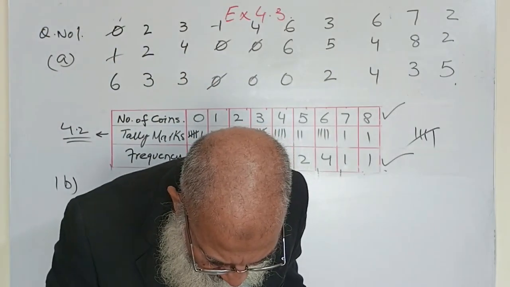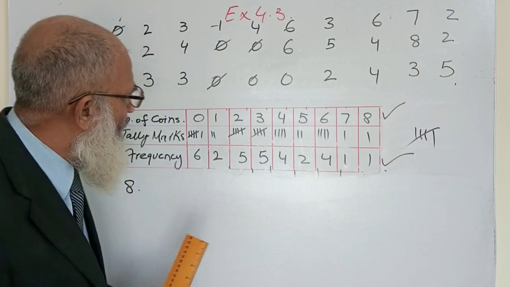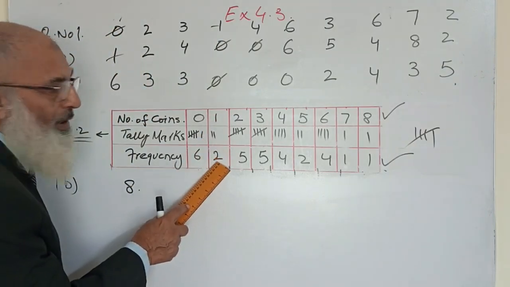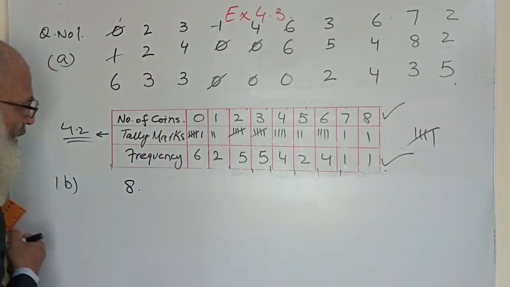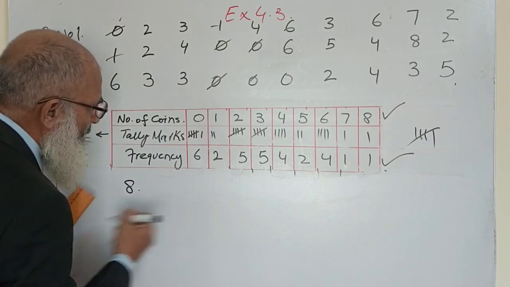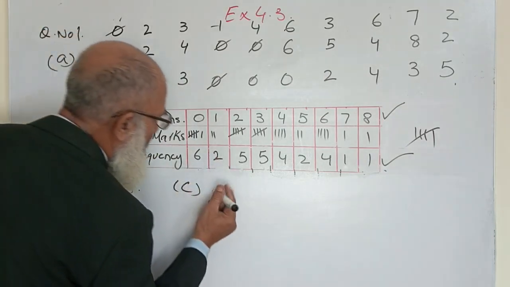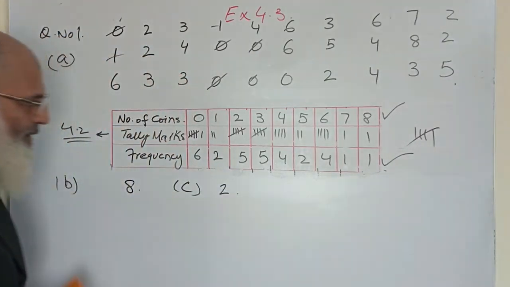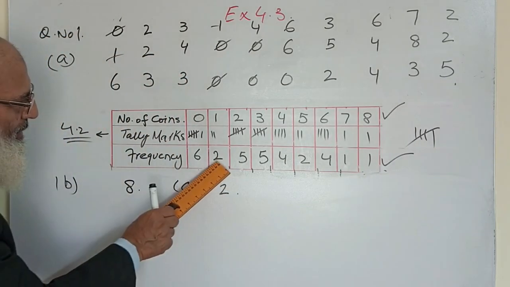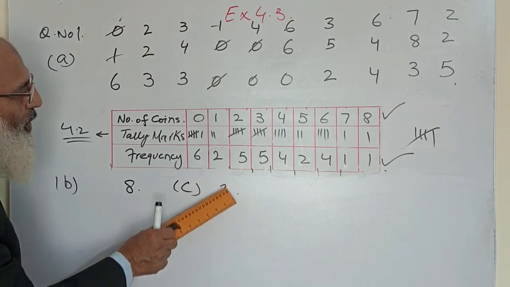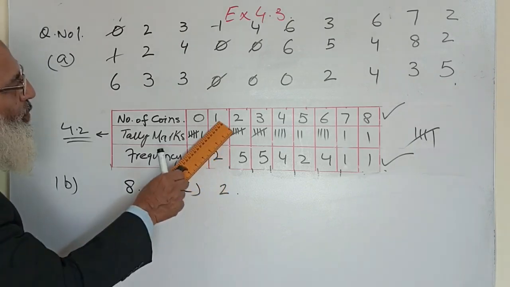How many people had only one coin on them? One coin. Now one coin frequency is 2. Now this is question C for the same A, B, C, and the answer is 2. The frequency is asked over here, that is how many students have one coin.